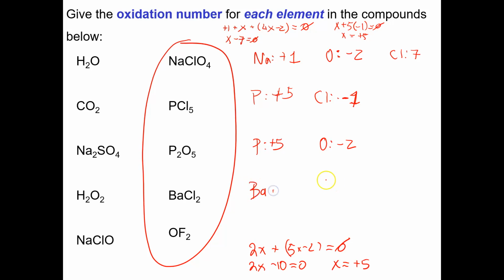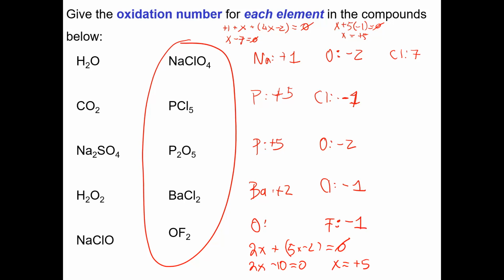We have barium here, and we have chlorine here. This is an ionic compound, and so what that means is that the charge on these monatomic ions is equal to the oxidation number. So barium always forms a +2 ion, and chlorine always forms a -1 ion, so not a lot of work there. Here we have oxygen and fluorine. We have a very hard rule there that says fluorine is always -1.